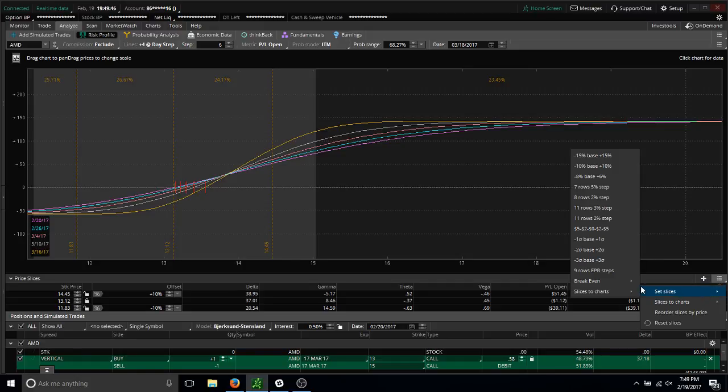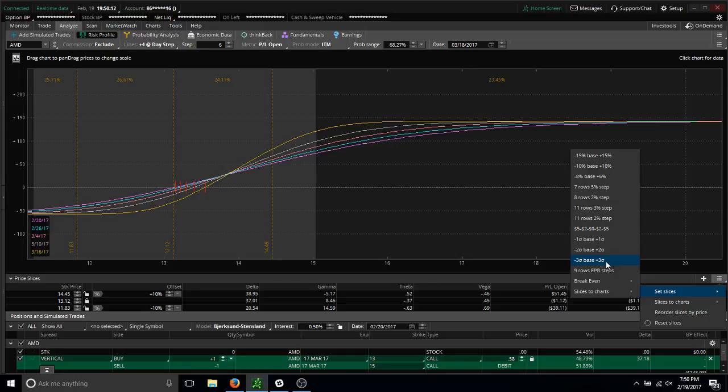So I've set my slices to, you can see here's base plus 15 or minus 15, 10, 8, and then you can do steps, percentages, and then I believe this is 1 sigma, 2 sigma, 3 sigma, plus or minus.